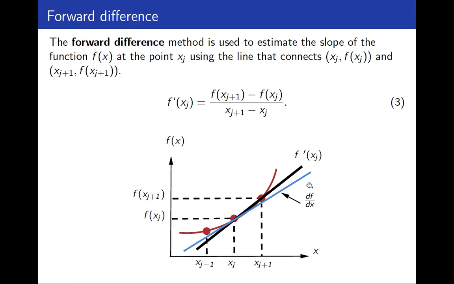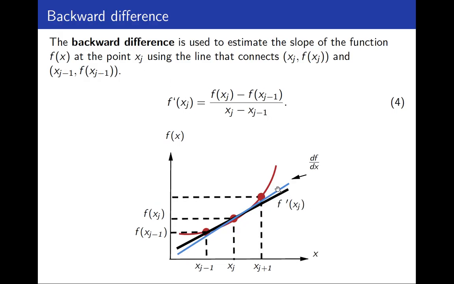So this black line is an approximation of the derivative. We are calculating this line with these 2 points in order to estimate the value of the derivative at this point using the forward difference.